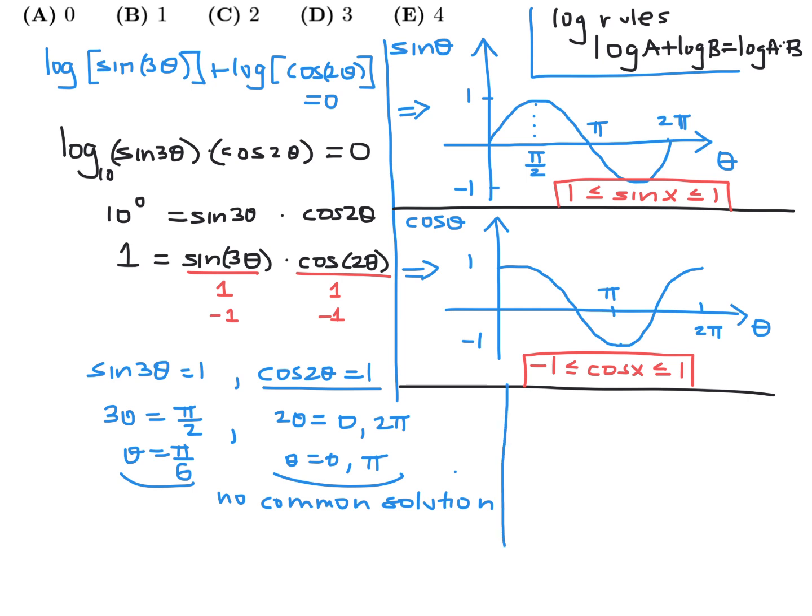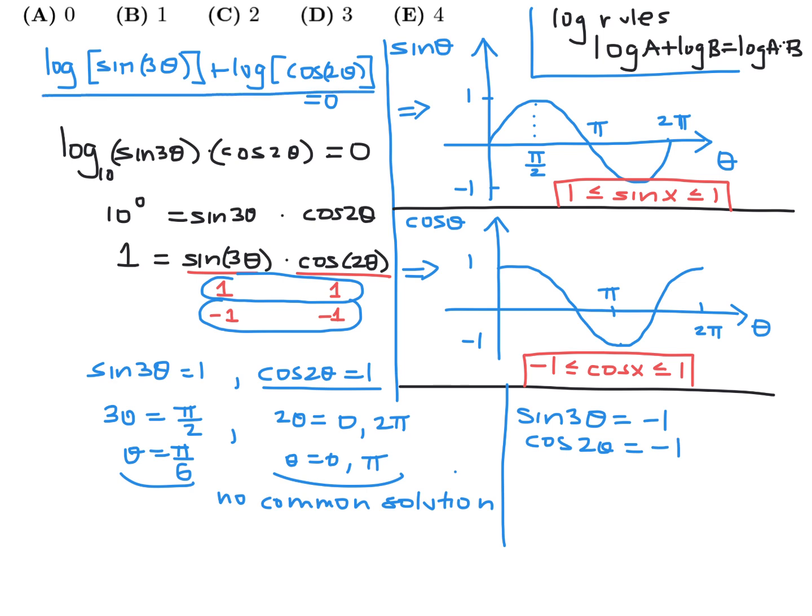Okay, not an issue. Now we have taken care of that one. Now let's turn our attention to the other. That one says the sine of 3 theta would be negative 1, and the cos of 2 theta would also be negative 1. Now before I continue, remember up here we are actually trying to take the logs of those.